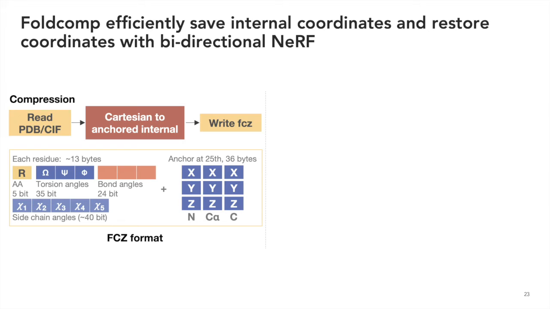And this is how the Foldcomp compression works. Foldcomp can read multiple input data types like PDB, CIF, or tar or tar.gz, and it can also read a file list as an input. It converts the Cartesian atom coordinates to anchor and internal coordinates, discretizes the angles, and writes them into the binary FCZ format.